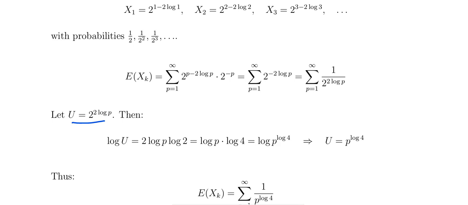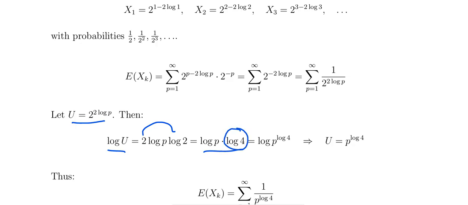When you take log on both sides, minus 2 log p into log 2 ன்னு வரும். அப்படின்னா இது ரெண்டுத்தையும் combine பண்ணிங்கன்னா log 4 ஆகிடும். So log p power log 4, am I correct? So log u equal to log p into log 4, am I correct? So this is log p power log 4.